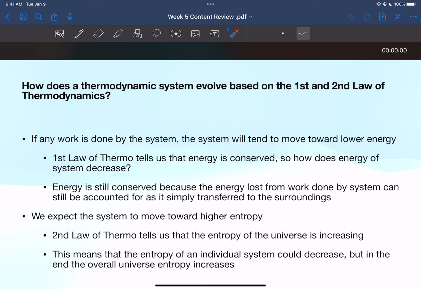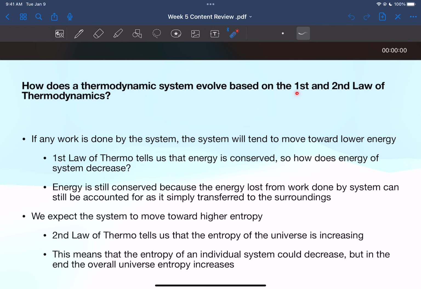And so we should remind ourselves, how does a thermodynamic system evolve based on the first and second law of thermodynamics, right? So if any work is done by the system, the system will tend to move toward lower energy, right? Just think about it.